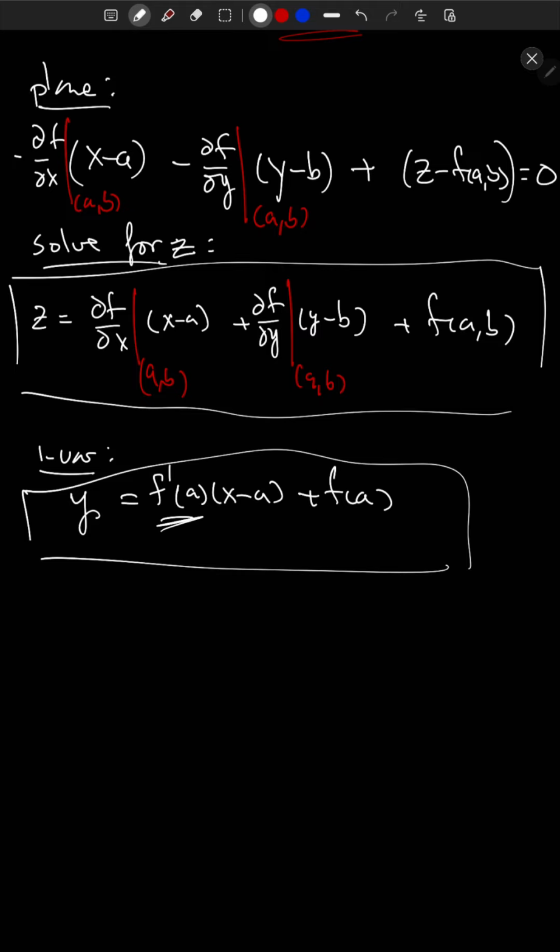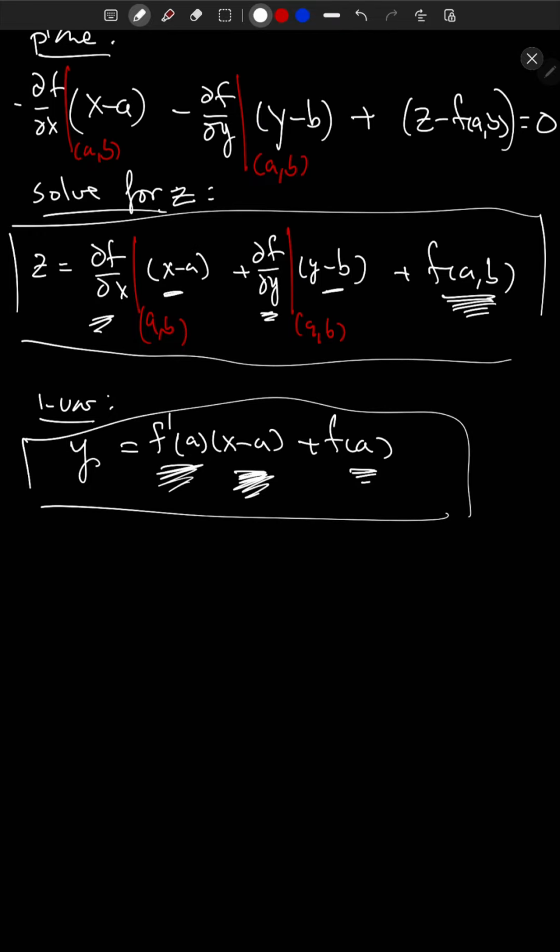You have the derivative, and now you have the derivatives, because you've got two different directions now. You have the linear portions, the x minus a and the y minus b. And then you have the actual function value as the last term. So if you're comfortable with one variable calculus linear approximation, this is a very small step forward.